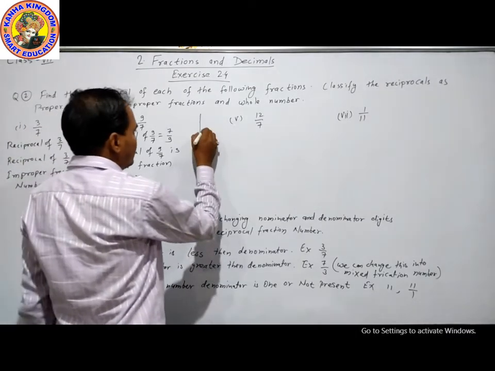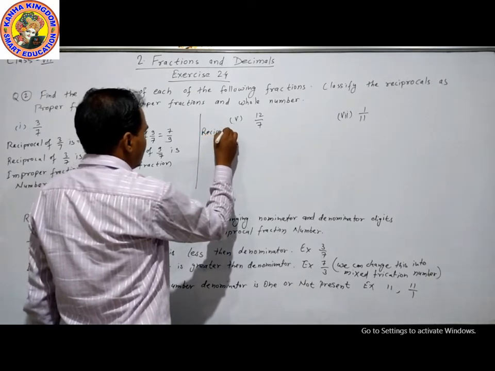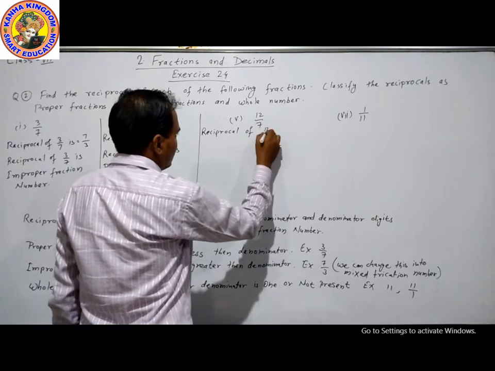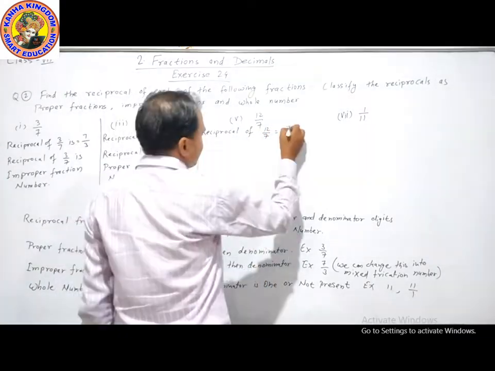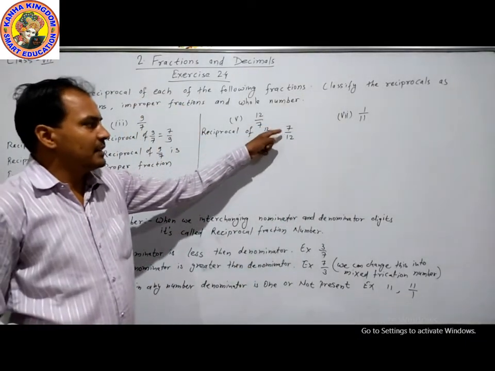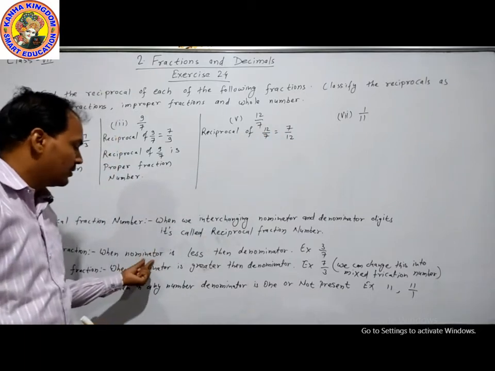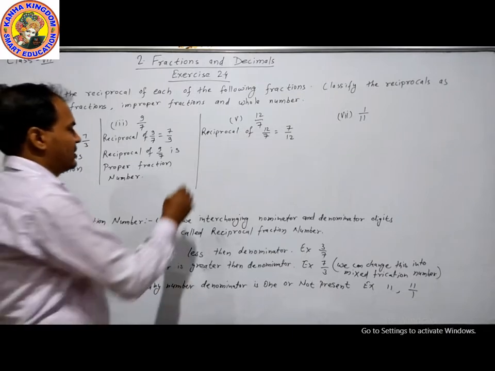Now next question is reciprocal of 12 by 7 by interchanging the digits, 7 by 12. 7 is numerator, 12 is denominator, numerator is less than the denominator, it is proper fraction.